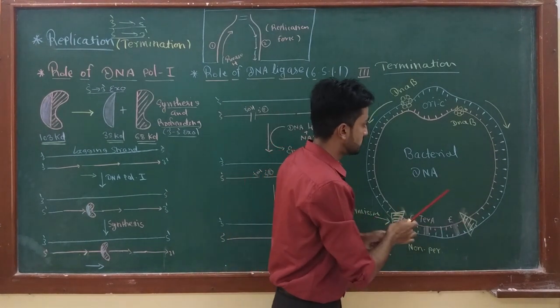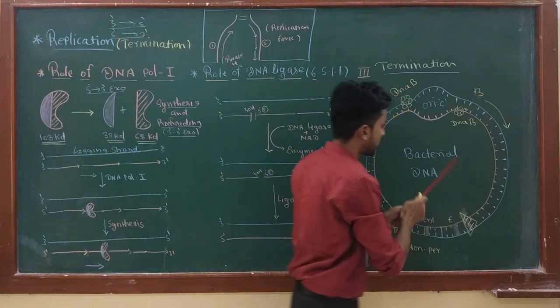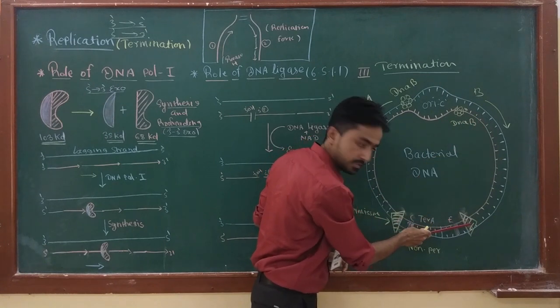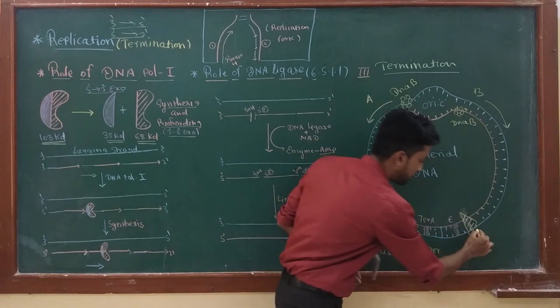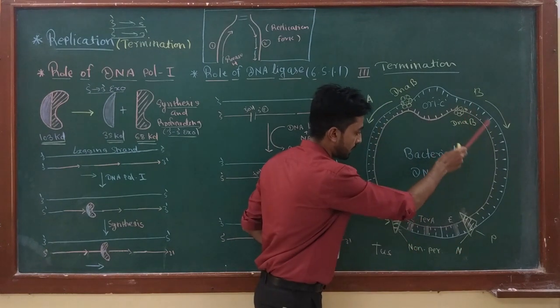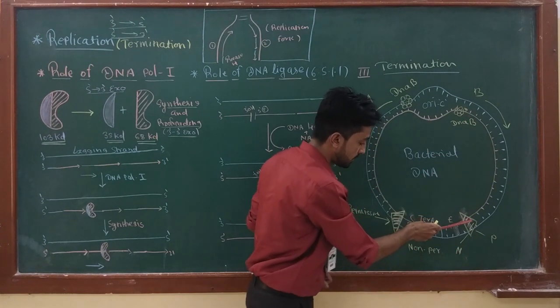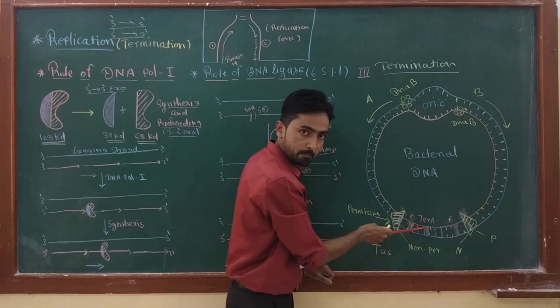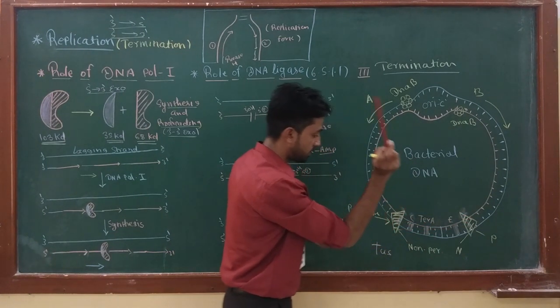And a similar thing happens for this B fork. If this B fork first encounters this TUS protein, it also has permissive and non-permissive sites, so this fork can easily pass through the permissive site and move forward. Now what happens?